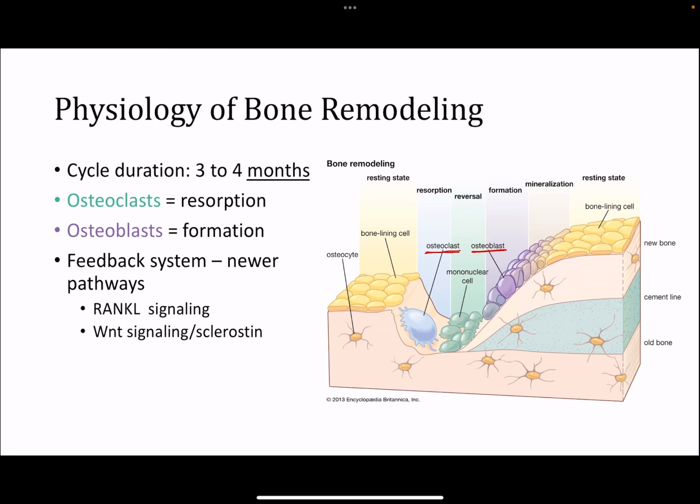Osteoclasts are in charge of bone resorption, or what I like to think of as cutting down bone. Osteoblasts are formation, so they build bone.